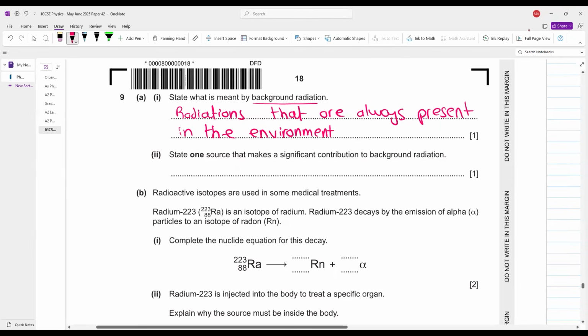State one source that makes a significant contribution to background radiation. Radon gas. Secondly, what else contributes to background radiation? Cosmic rays. Okay, let's move ahead.